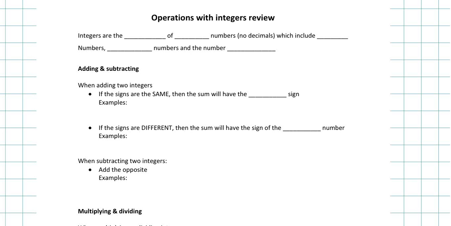So the definition of an integer: the set of whole numbers, so no decimal, which include the positive numbers, negative numbers, and the number 0.